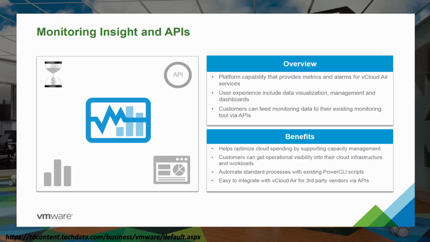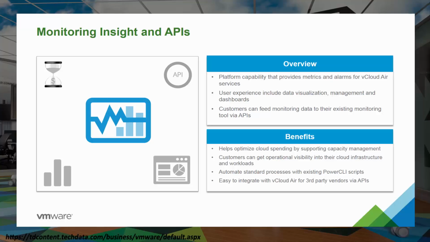VMware is providing new resources to have greater transparency and deeper integration within vCloud Air services. vCloud Air Networking Insight provides analytics into vCloud Air service operations through interactive metrics, event logs, and user-defined alarms for flexibility and cost optimization.